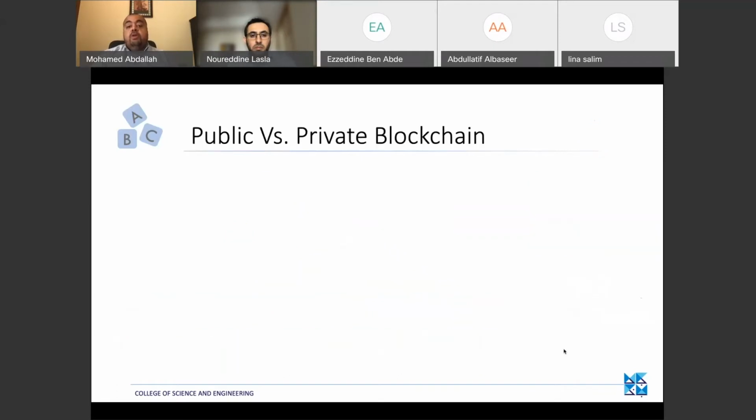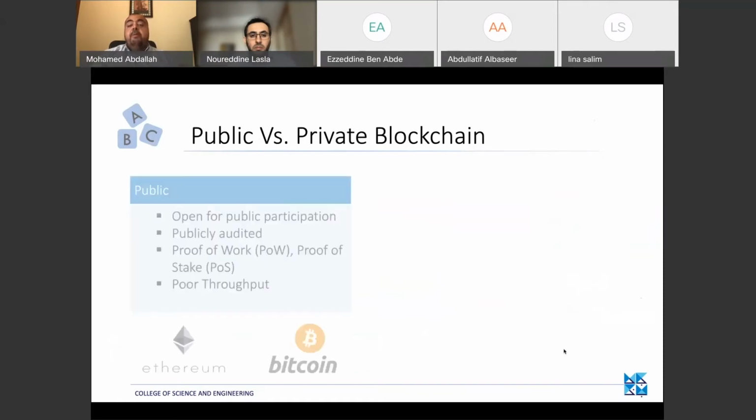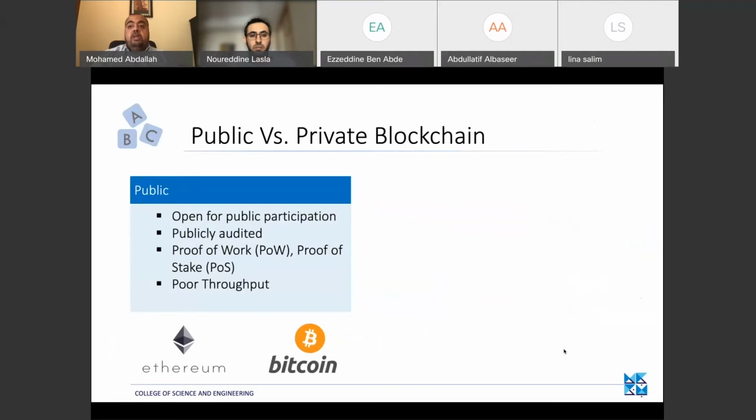There are also two types of blockchain, called public versus private blockchain. The public blockchain is open for public participation, for example Bitcoin and Ethereum. Anyone can join this blockchain, and it's publicly audited. For example, you can download the distributed ledger for Bitcoin and see what transactions have been made at any time.